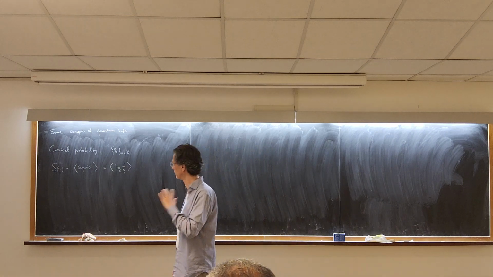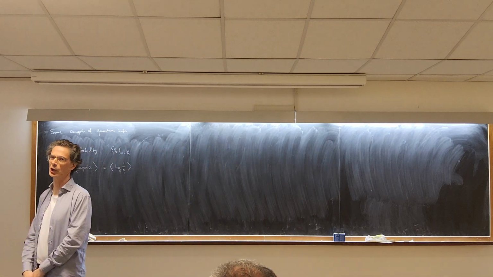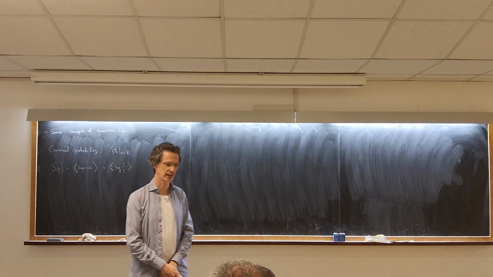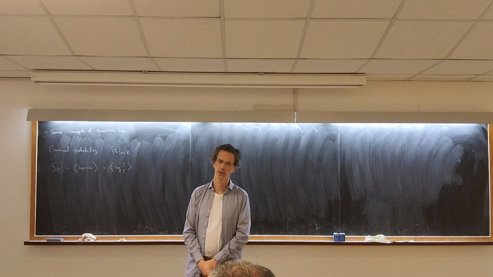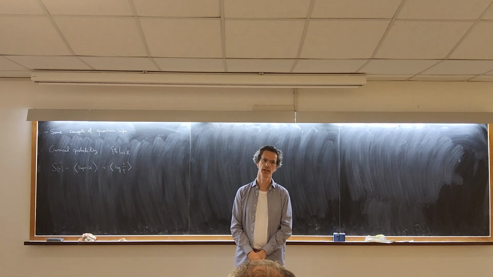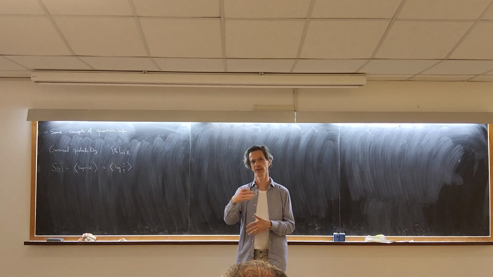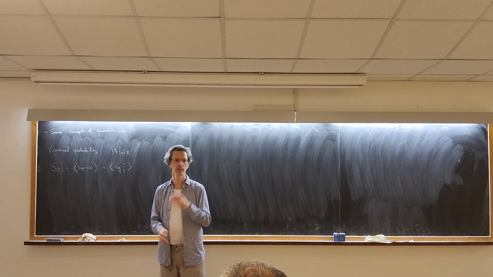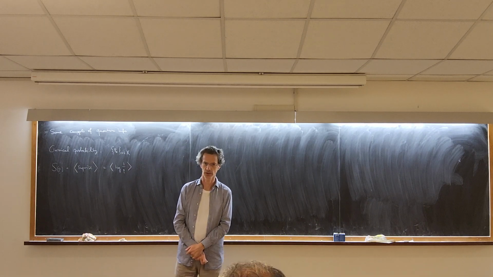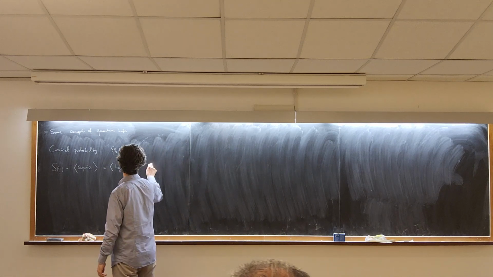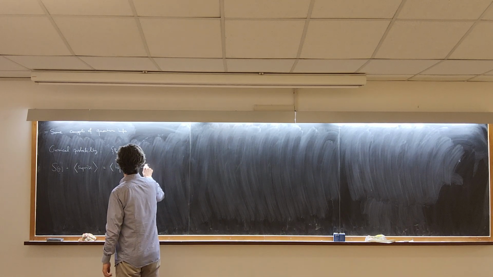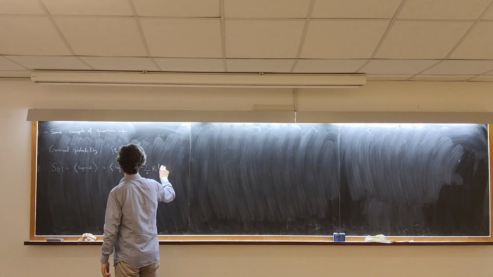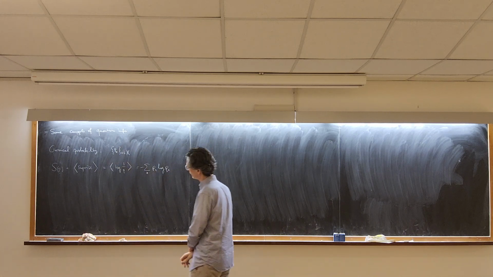It's very unlikely, so you're more surprised. And you should take the log because you want the surprise to be additive. If you win the lottery twice, which is already unlikely to win once, you should be twice as surprised as winning it once, because the drawings are independent. That's why you need to take the log, because the log of a product is the sum of the logs. So this formula, minus the sum of p(x) log p(x). That's anyway how Shannon motivated it.